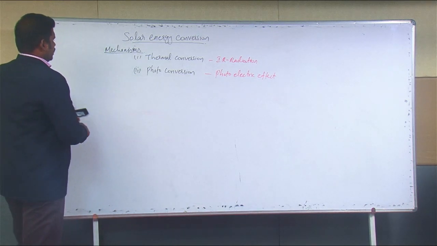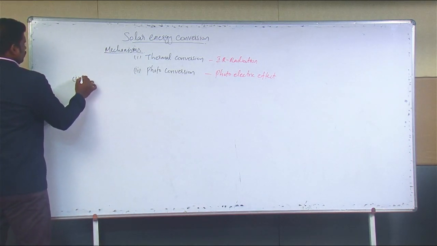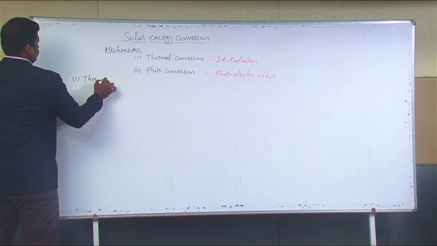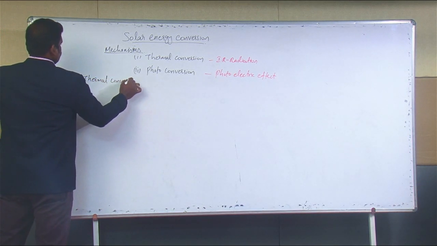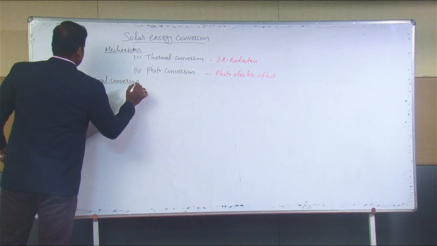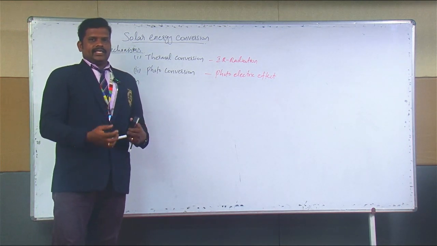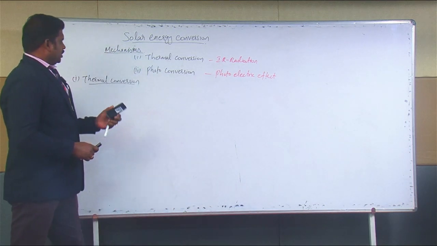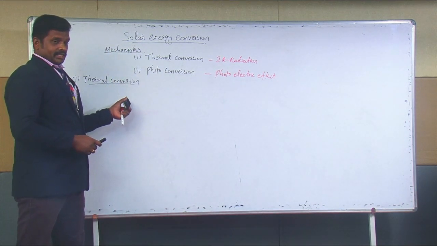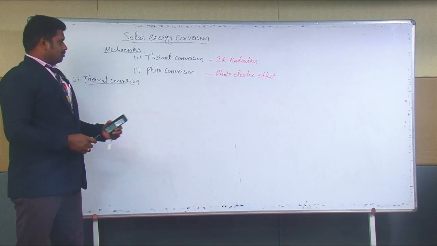So the first one is thermal conversion. What is thermal conversion? As I already told you, it is the process of absorbing heat energy in the form of IR radiation. We can convert that IR radiation, that heat energy, into the most useful form, and that is called thermal conversion.